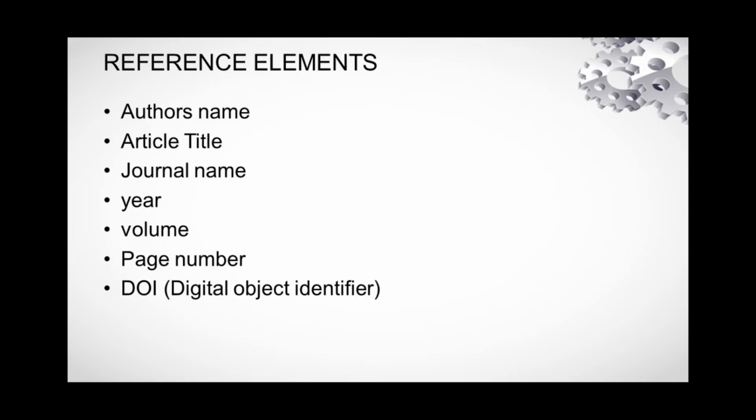So there are different parts of a reference. A reference will usually contain the author's name, or authors' names if there is more than one. A reference will contain the article title, the journal name, the year of publication, the volume, the page number where you are getting the information from, and also something called DOI, that is the Digital Object Identifier.